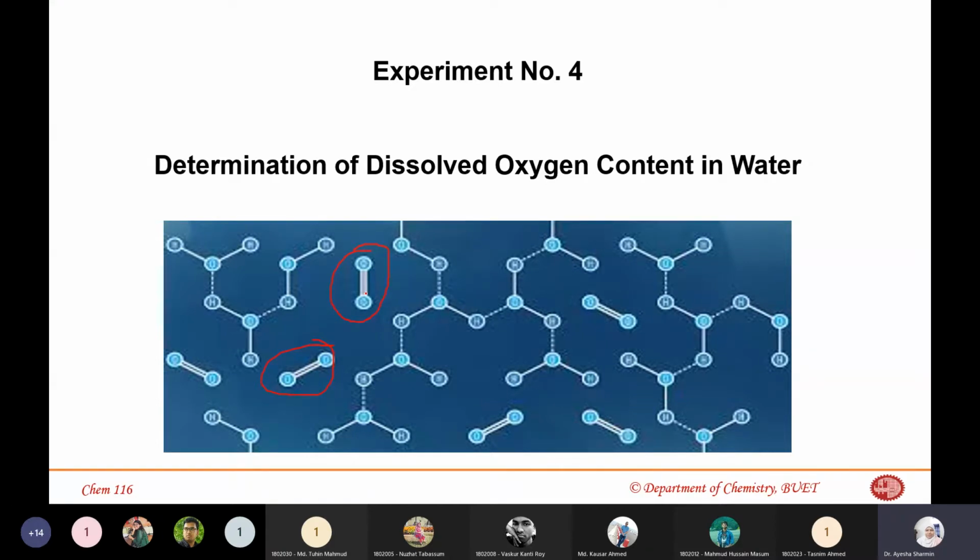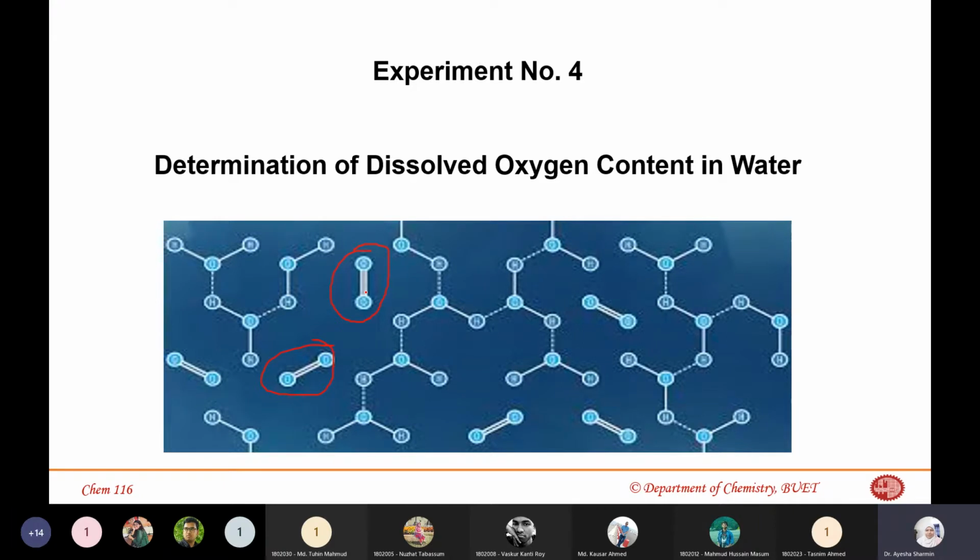And therefore it's very important because oxygen is a very important element or gaseous substance for any aerobic life to exist, right? We breathe oxygen, and so do so many different organisms, fish, all the aquatic life forms.